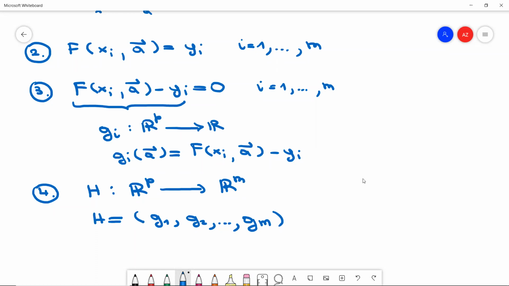And what we want, so 2, 3, 4 are all equivalent to searching for A, which is a common zero of all G's, which is just a zero of this H. And again, not to be confused, I can write here zero vectorial, meaning just a vector of zeros.